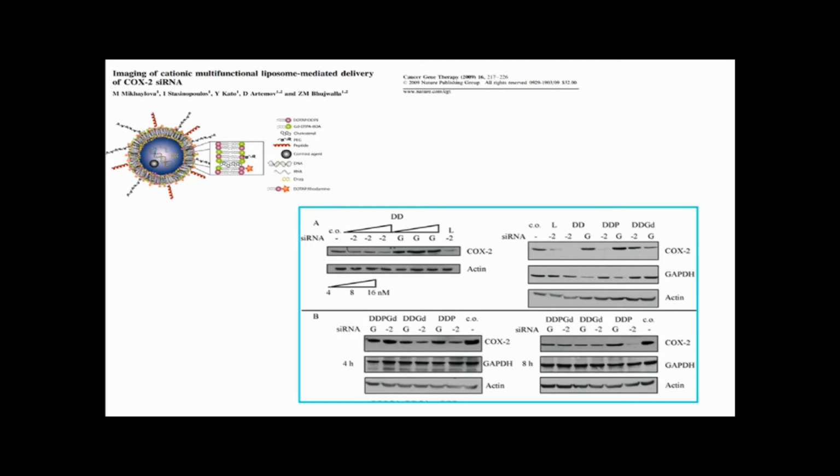So we tried many different formulations and finally showed that with iron oxide labeled liposomes, in fact, we could achieve downregulation of COX-2 in the cells. But if you had gadolinium on there, the COX-2, in fact, increased.